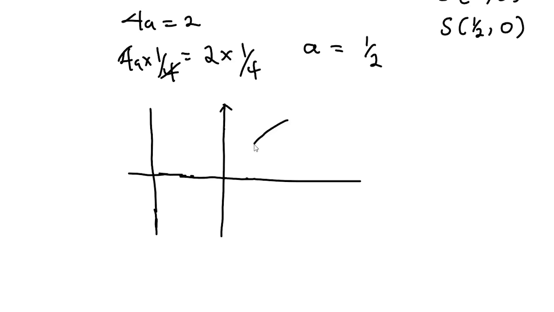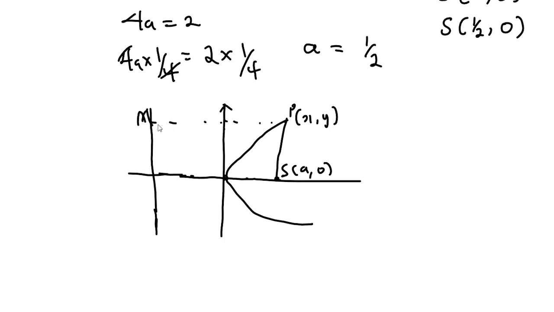This is the vertex. Then we have our focus here, (a, 0). Then a point (x, y), so P. Then from this point to this point, this is M, the ax.